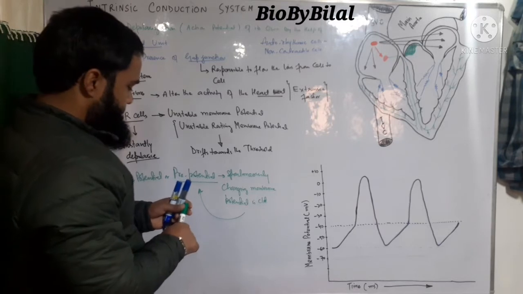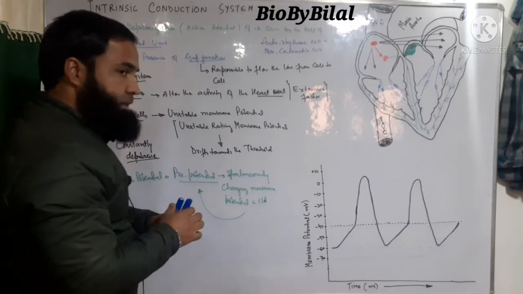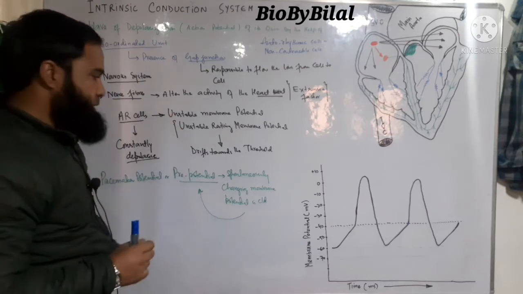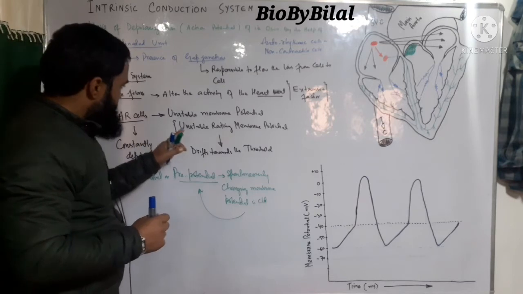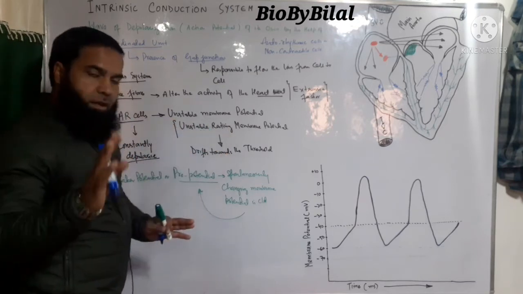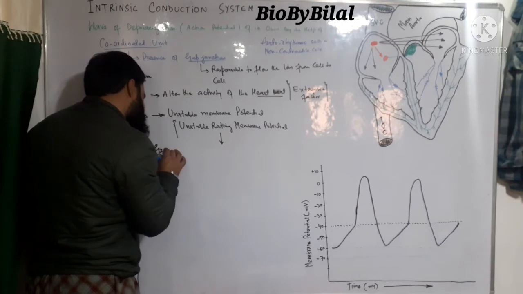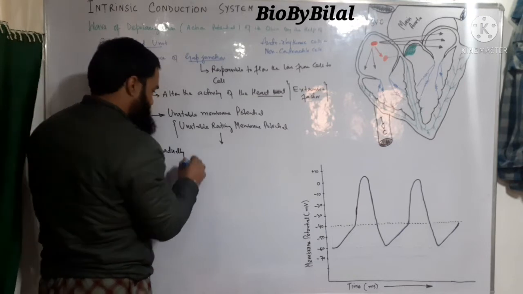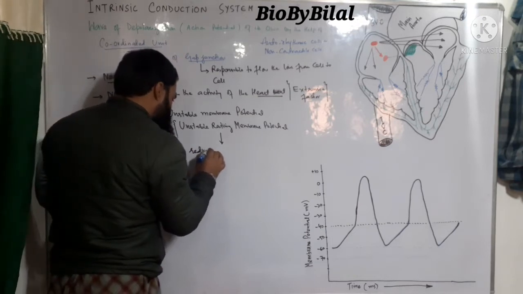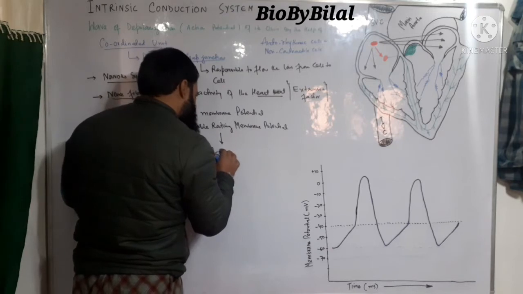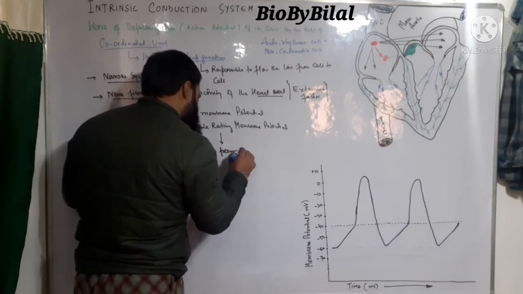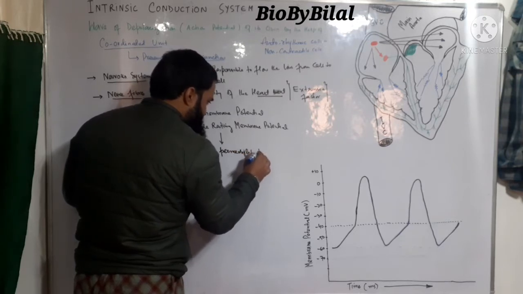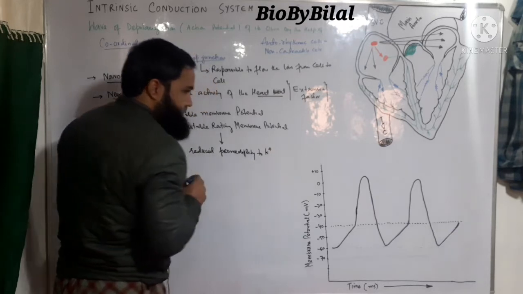The fact is that it is not understood clearly, but it is believed that this unstable resting membrane potential is due to gradually reduced permeability to potassium ions.